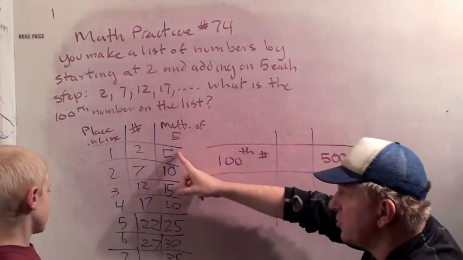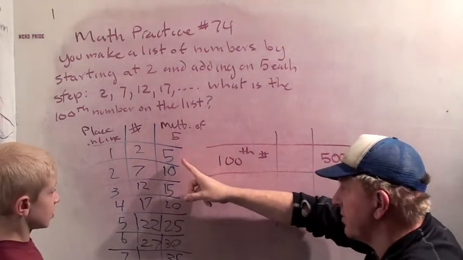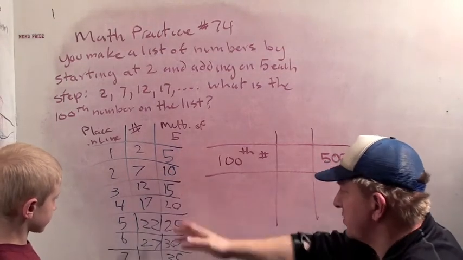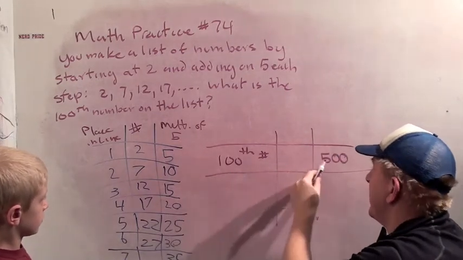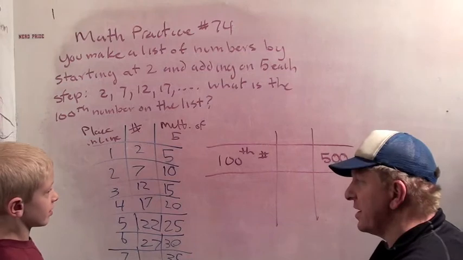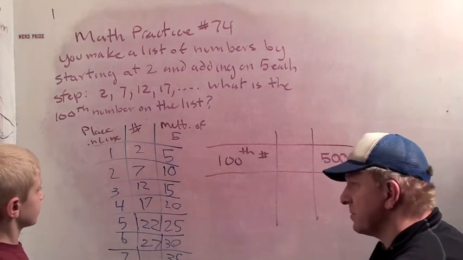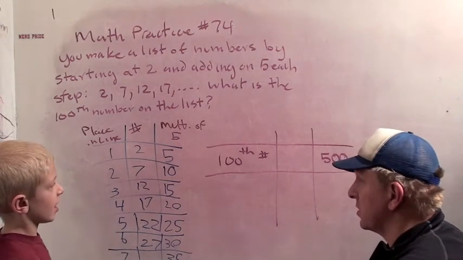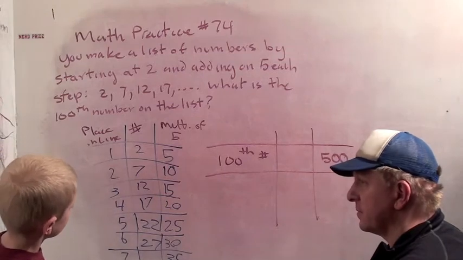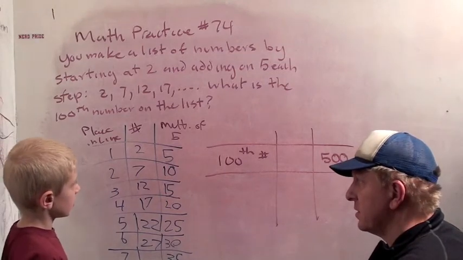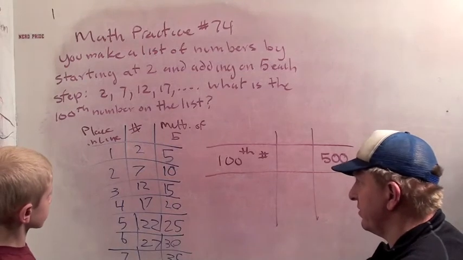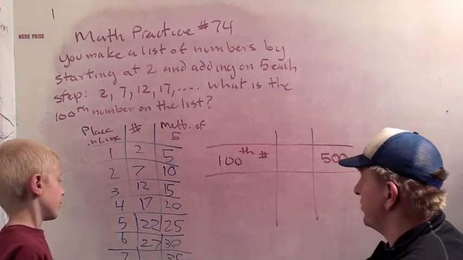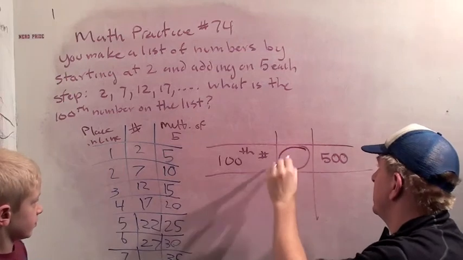See, we made a new problem that was a little bit easier, right? Which just meant multiply this number by 5. So multiply 100 by 5, we get 500. And then how do we find the number we're actually looking for? 500 is a multiple of 5. And we're looking for the number in the middle column, right there.